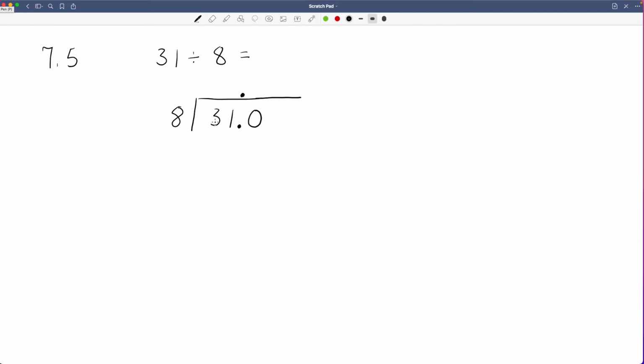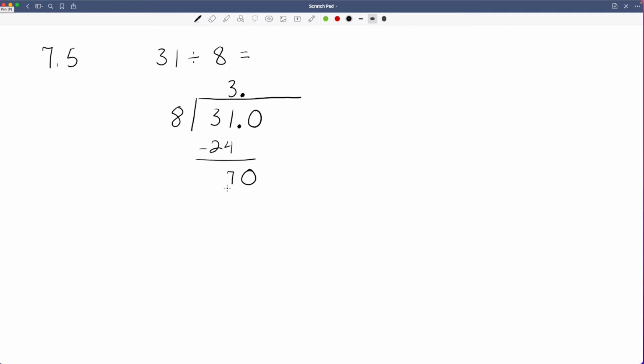8 into 31, we know that's going to be 3 times. 3 times 8 is 24, right? Subtract that, and we get 7. Well, 8 doesn't go into 7, does it? No. But we can bring down the 0, and we can say 8 goes into 70. It does.